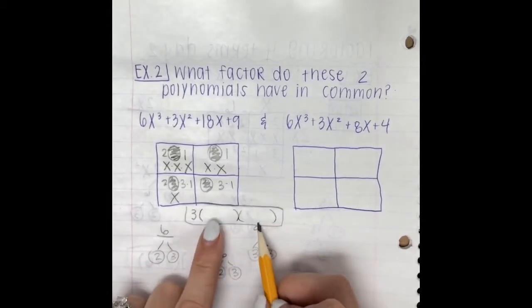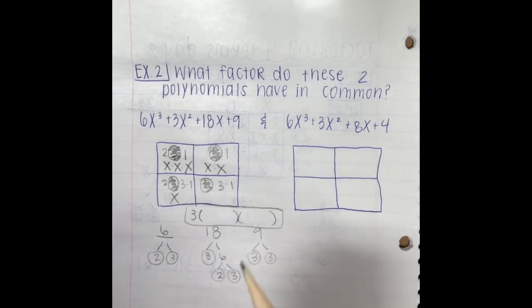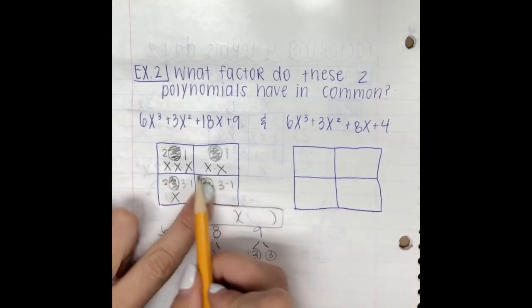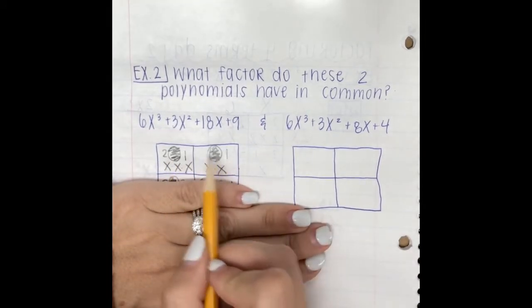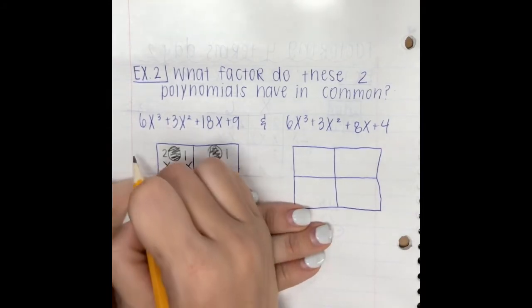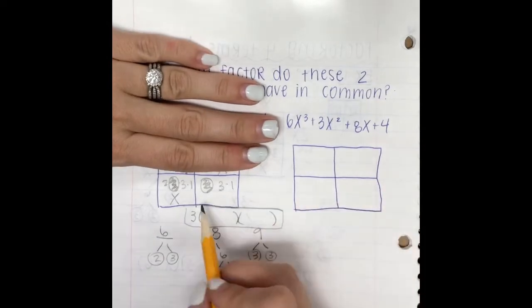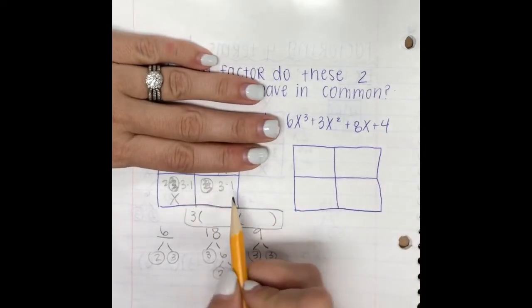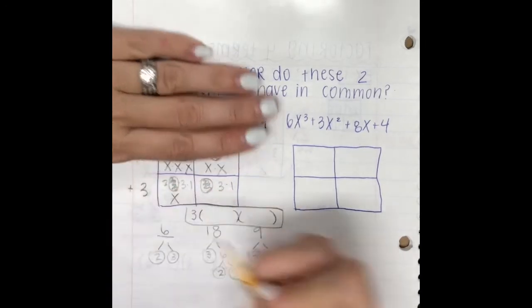I still need to figure out these binomials though, okay? So my GCF for this top row, they don't both have a 2, they both have a 1, so we'll have a 1, and then they have 2 x's, so 1x squared. For this next row, they both have a 3 times 1, so a 3. Don't both have an x, so a positive 3.